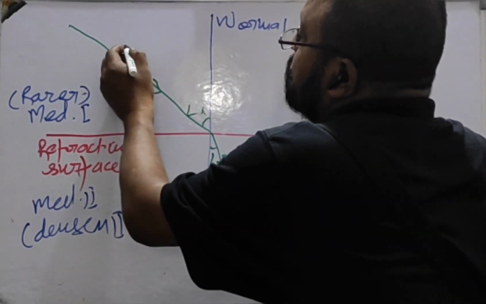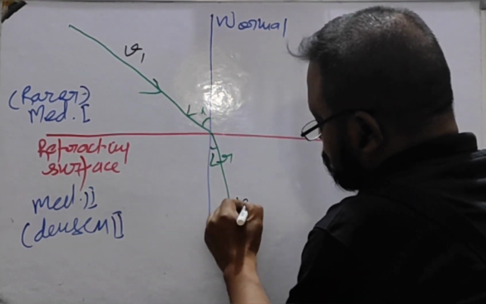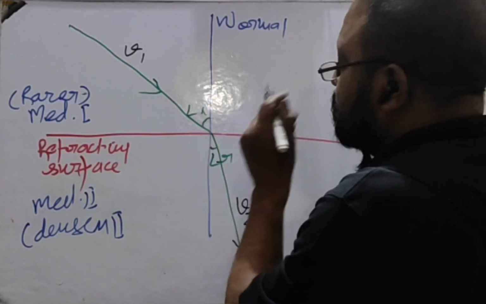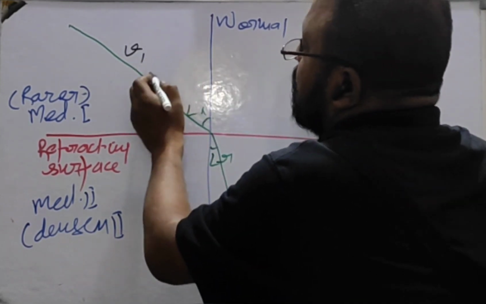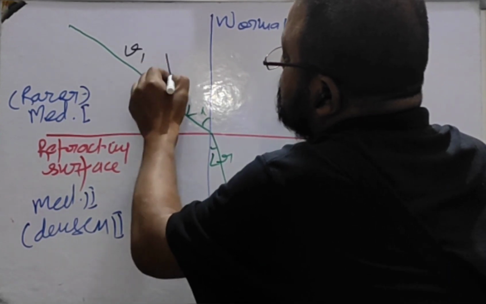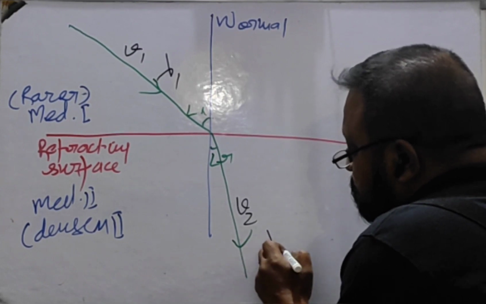So what happens? In medium one, its velocity is v1, and in medium two, velocity is v2. In medium one, the wavelength is lambda one, and in medium two, the wavelength is lambda two.